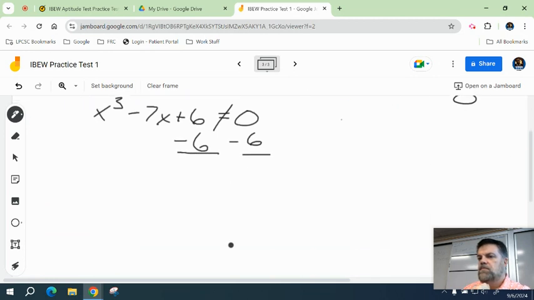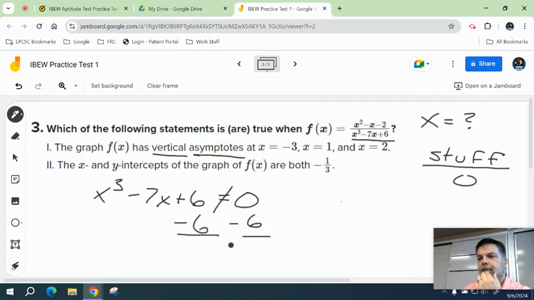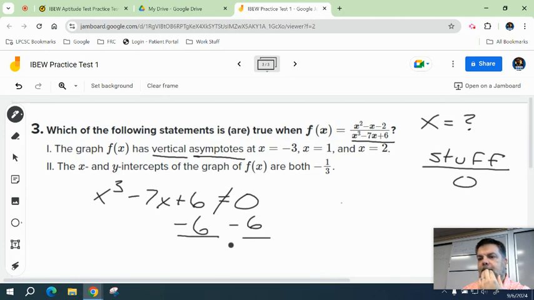Okay. Well, let me think about this for a second. Oh no, it tells us. Okay, let me back up a second. It tells us what the vertical asymptotes are.